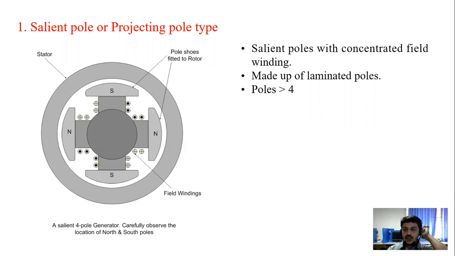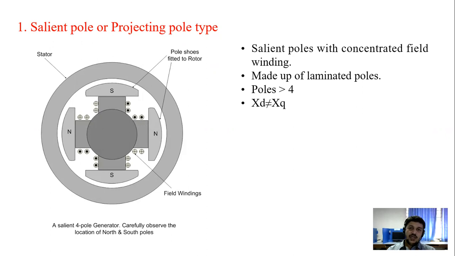We calculate the synchronous speed as Ns equal to 120 into frequency divided by the number of poles, 120 f divided by P. So as the number of poles is more than 4, salient pole synchronous machines generally operate at a lower speed.